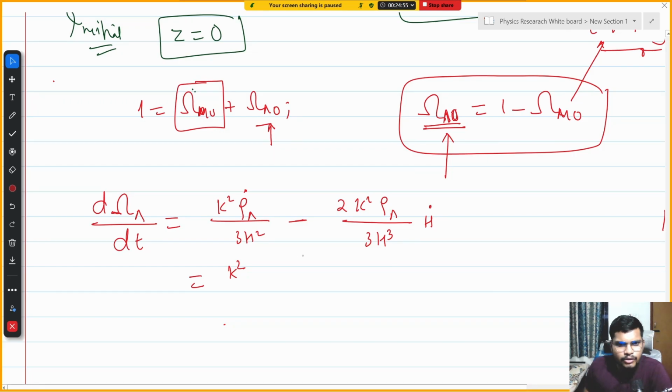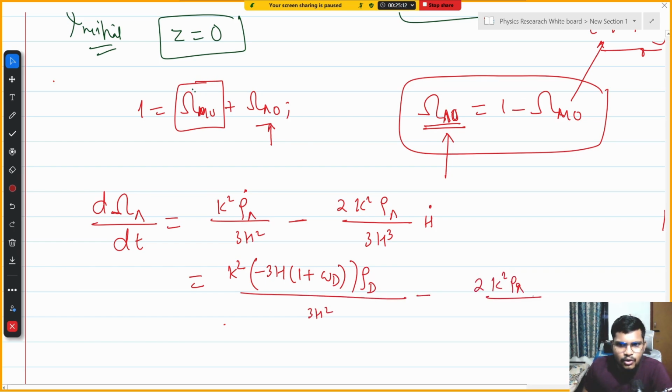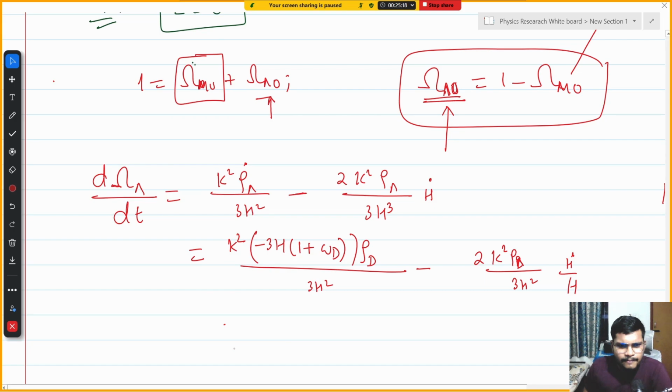If you already know this, you can skip it. I am just doing it for the sake of people who are very new to this omega d. I will write rho d over 3H squared minus 2 kappa squared rho, whether d or lambda, over 3H squared times H dot over H, right?